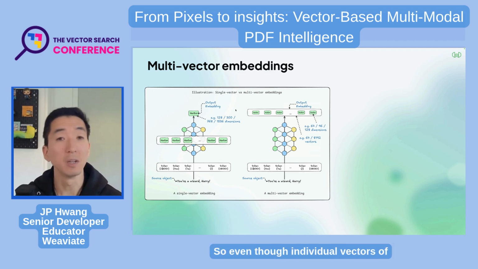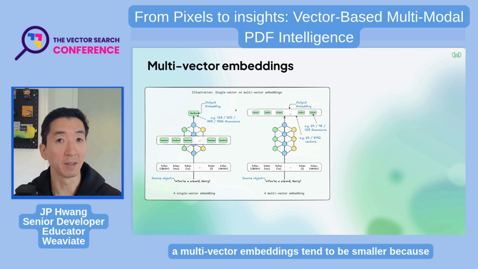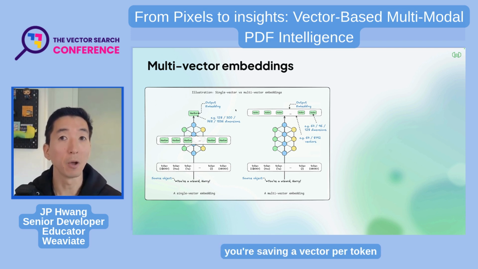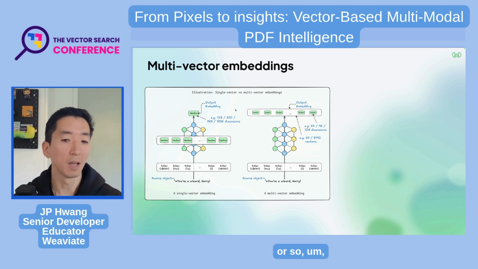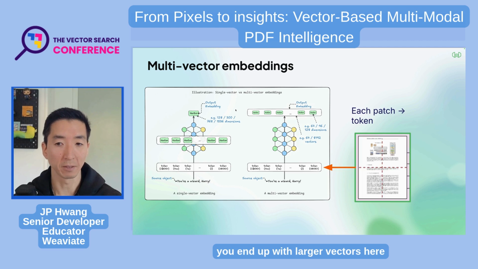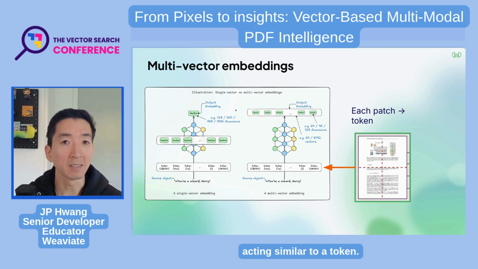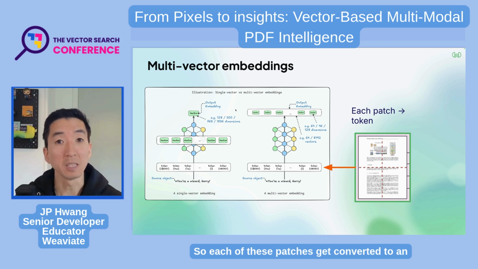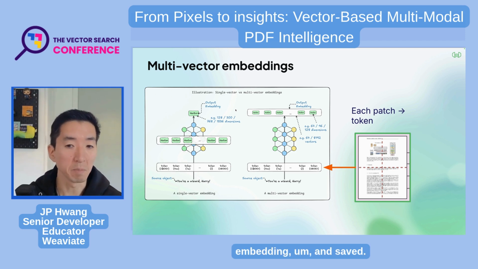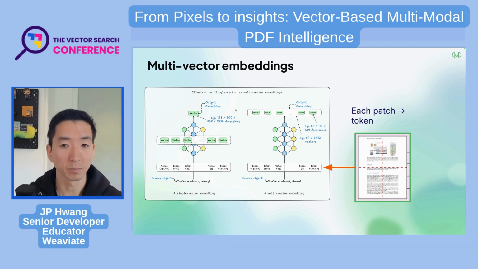So even though individual vectors of a multi-vector embeddings tend to be smaller because you're saving a vector per token or so, you end up with larger vectors here. In terms of image embeddings, each patch that we talked about ends up acting similar to a token. So each of these patches get converted to an embedding and saved.